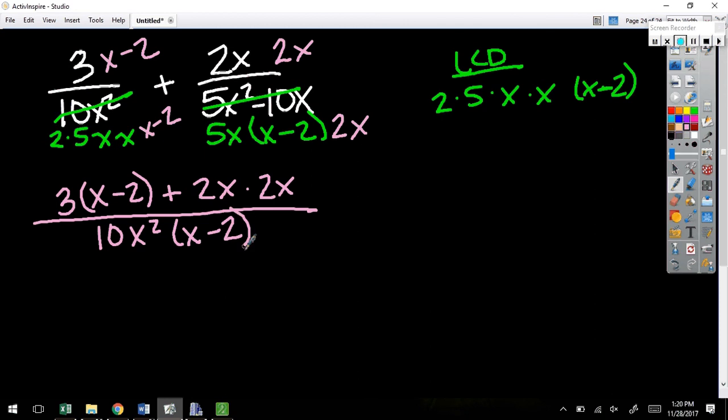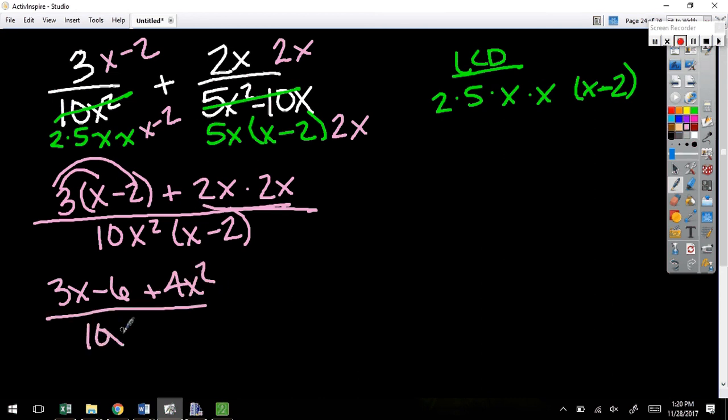Can I cross stuff out yet? Nope, because you have to do these first. See that big plus in the middle? That will be 2x times 2x. So it's going to be 3x minus 6 plus 4x squared, all over the LCD.